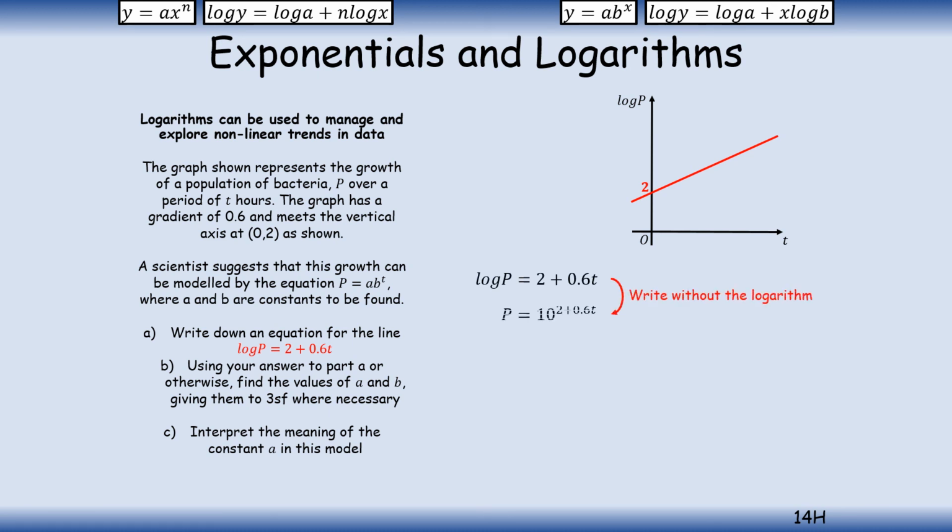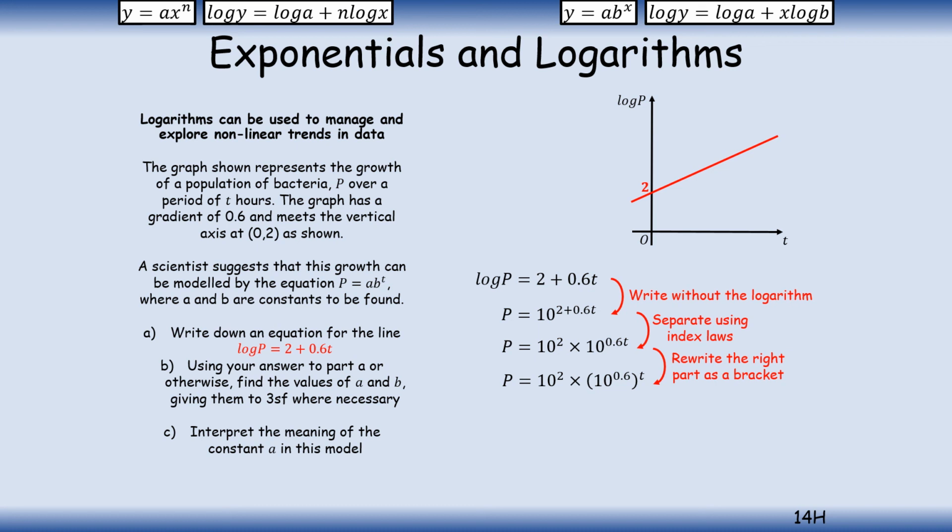If we rewrite this using the exponential and log rules, you could see that this is base 10, because that's the default. So it's going to be 10 to the power of this equals P. Can you see this? Now, using the indices rule, because there's a plus here, we could write 10 squared times 10 to the power of 0.6t.